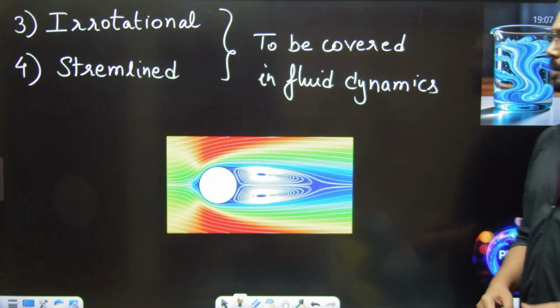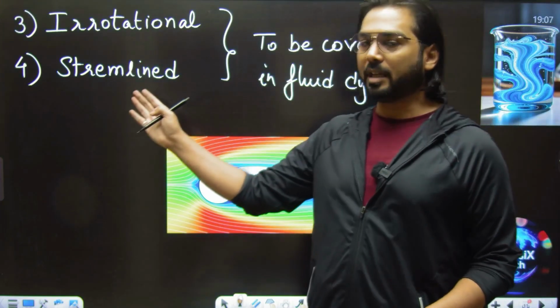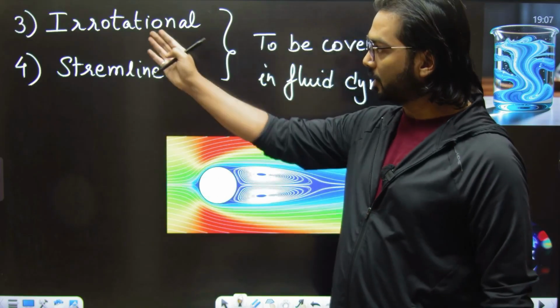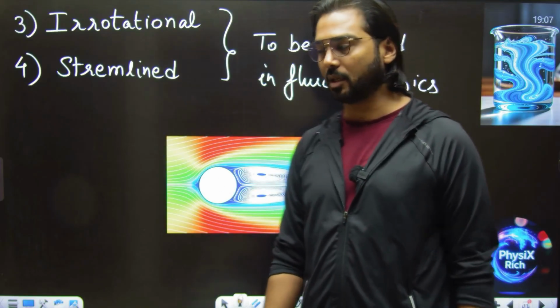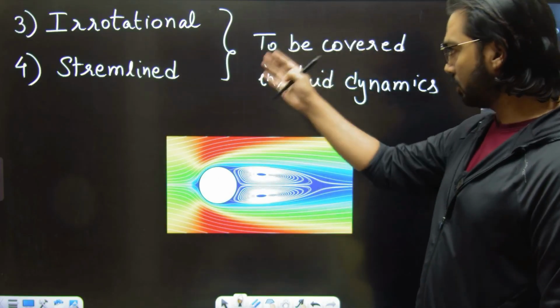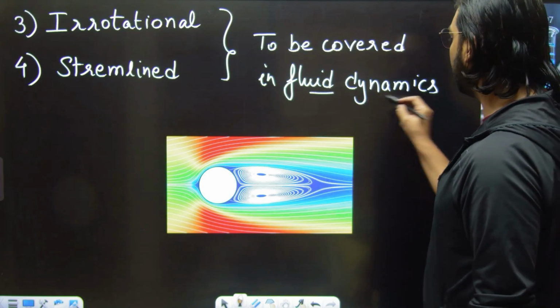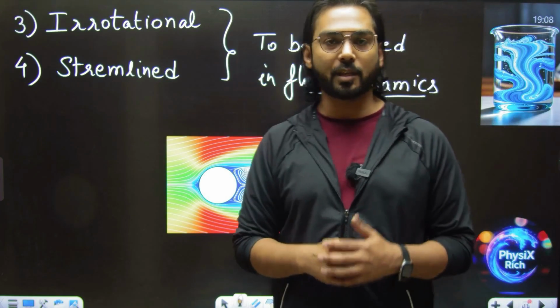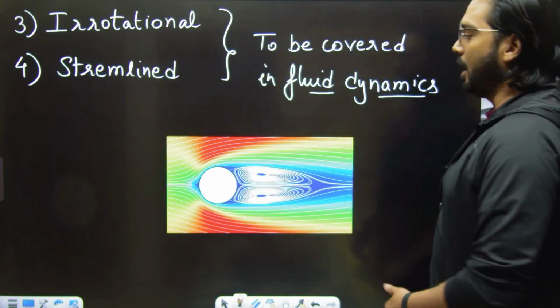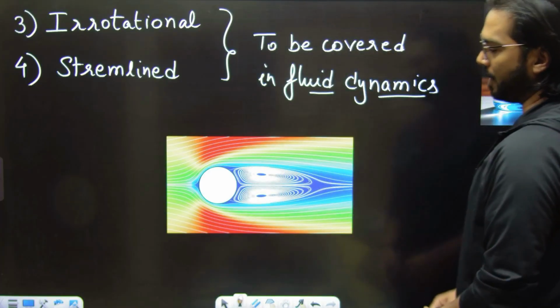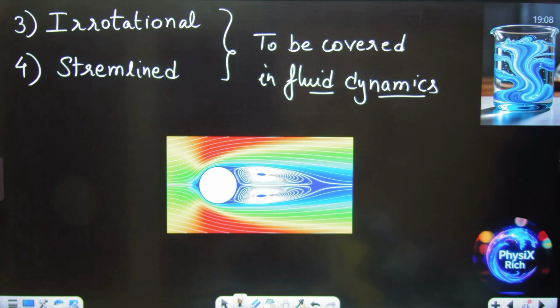Then we speak of something called streamlined flow, and also the fact that the fluid flow is irrotational. Now we will discuss these more in fluid dynamics, which is the next subtopic of fluid mechanics. And you will notice this kind of diagram a lot more in fluid dynamics.